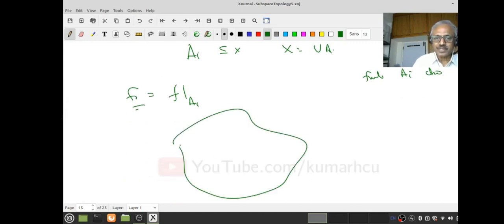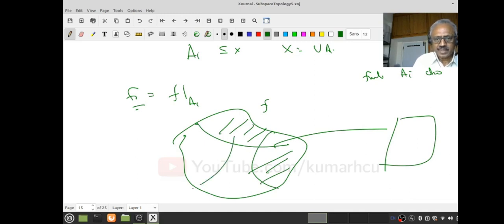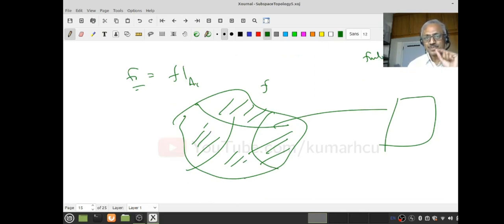So I have this f from X to Y. I check it's continuous here, and I check it's continuous here, and I check with subspace topology continuous here, and I check this continuous here. Piecemeal. Then I know continuity of f. Do you follow that? This is never explained. You will be surprised, this is very useful.